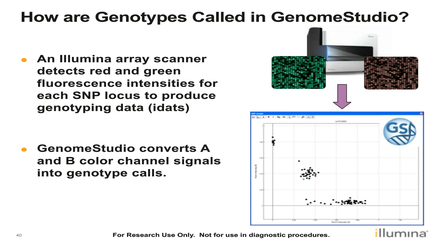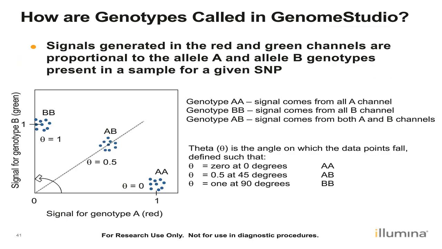To describe this further, signals that are generated in the red and the green channels are proportional to the allele A and allele B genotypes present in a sample for a given biallelic SNP. Looking at this graph, for genotype AA, the signal comes from all A channel, whereas for genotype BB, the signal comes from all B channel. And for genotype AB, the signal comes from both the A and the B channels.